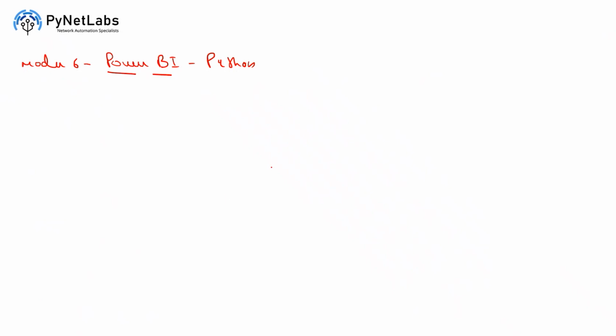So in Power BI and Python, we'll be seeing how to set up Python in Power BI. We'll look into how to set it up. We'll also do data transformation with Python in Power BI. We'll see how to create a violin plot that we don't have in Power BI, right?